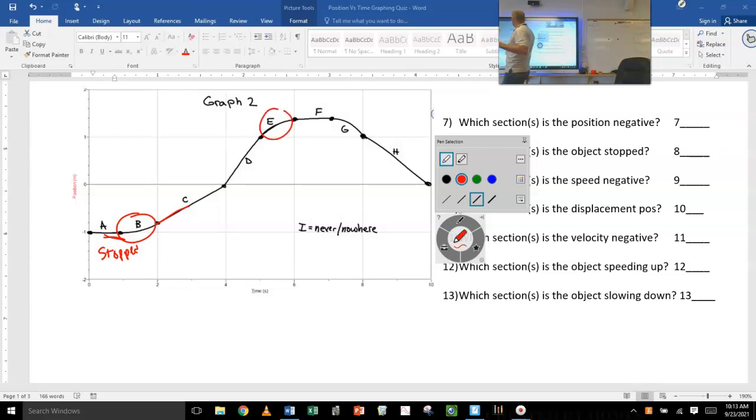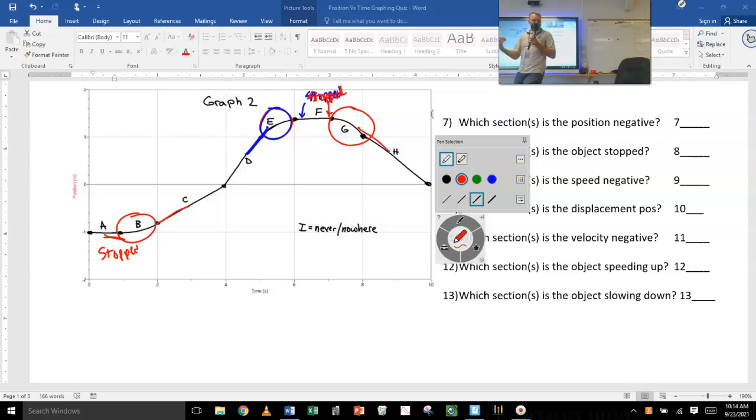Letter E, that is slowing down. I'm going from moving, I have a slope, and then I'm stopped here. So when I go from moving to stopped, we call that slowing down. Part G, I'm going from stopped to moving.